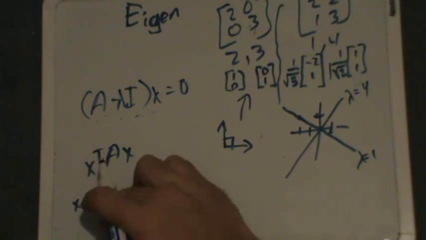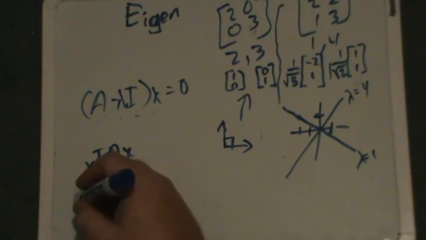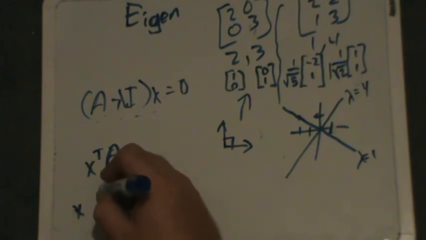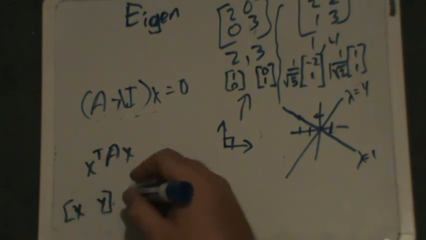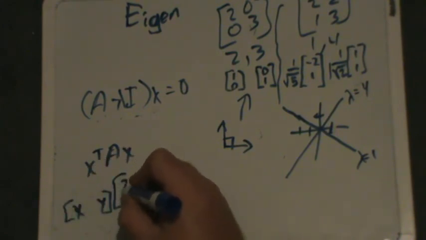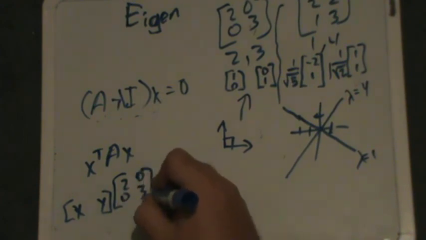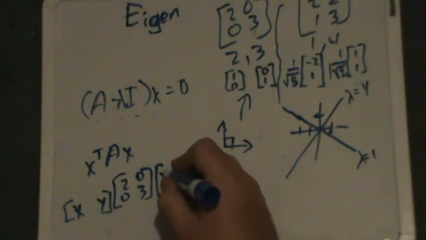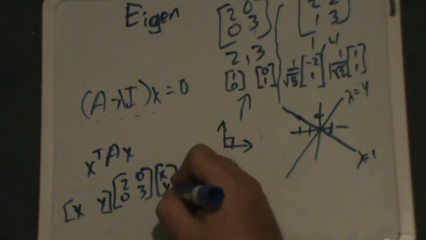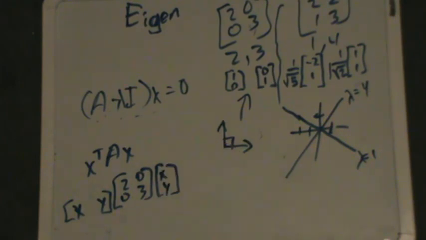But instead of x1, x2, I'm going to call it little x and little y. There's the transpose. A is 2, 0, 0, 3, and x is xy. I'm just doing that because in the end that xy will give you what everybody else thinks of as the coordinates.